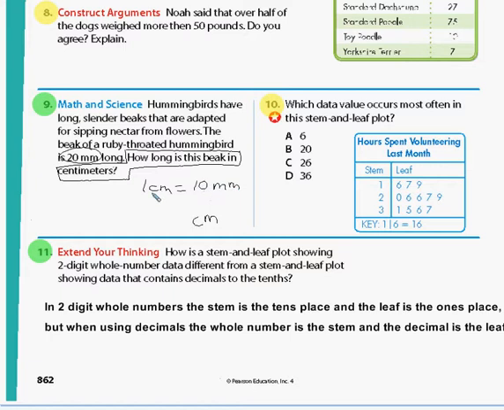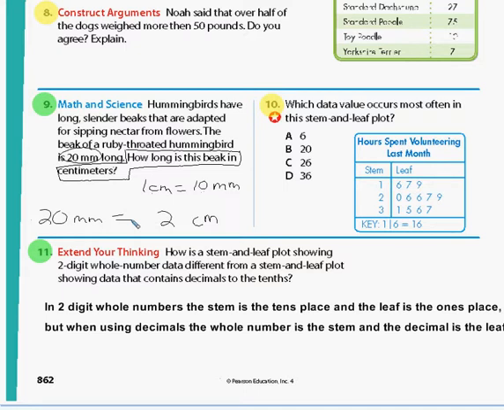So if there's 10 millimeters in 1 centimeter, there would be 2 in 20. So we'll go ahead and write it out. 20 millimeters equals 2 centimeters. And like I said, we're going to go over that a little bit more in our next unit. We're going to be covering measurement. But for right now, this is just a quick overview of it.